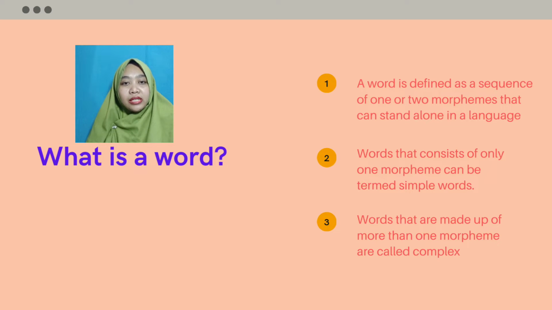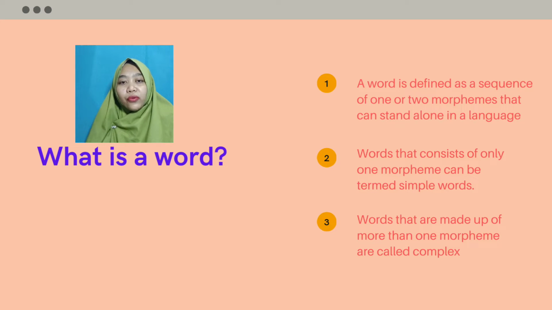From this definition, words are then classified into two types. The first one is simple, also called simplex word, and the second one is complex word. To distinguish between simple and complex words is quite easy, or even very easy.